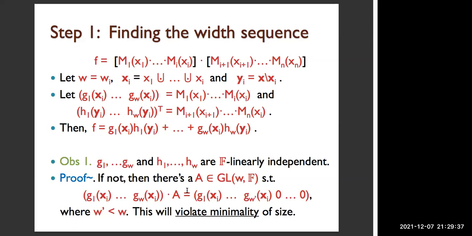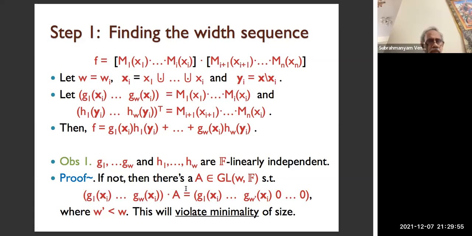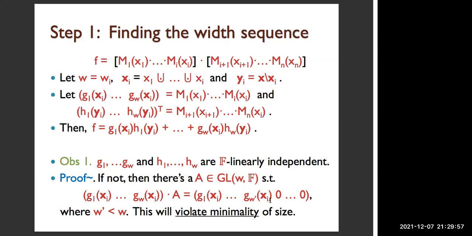Fine. Let's begin with a very, very useful observation, and that's the fact that the gi's and the hi's are linearly independent. Why should the gi's be linearly independent? Because if not, then there exists an invertible A such that if you multiply A to this row vector g1 through gw, it becomes shorter, some of the coordinates become 0.